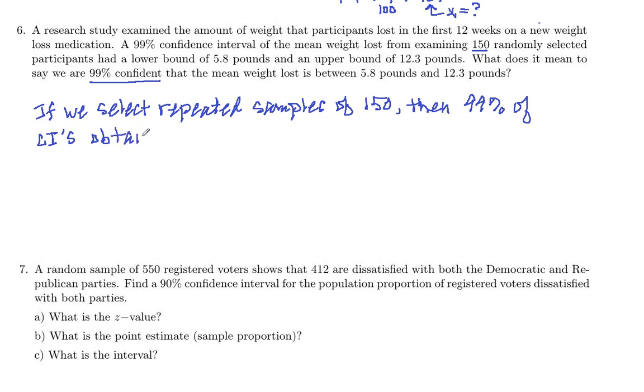So you do a whole bunch of samples of size 150, do a whole bunch of confidence intervals. 99% of those confidence intervals obtained will include the population mean, so mu. So that's population mean.